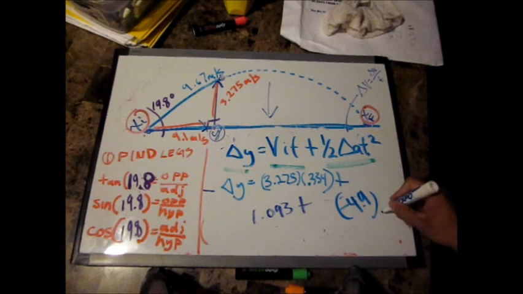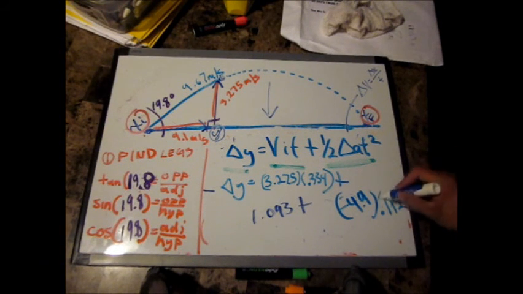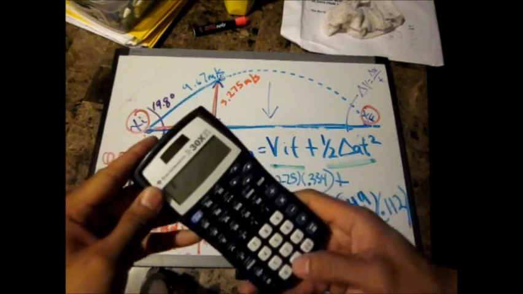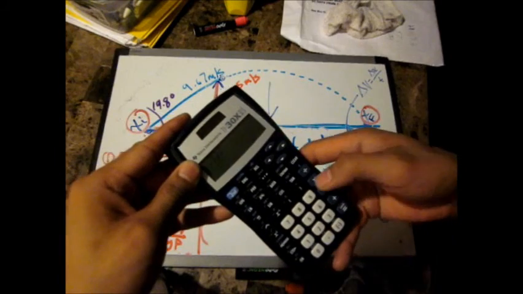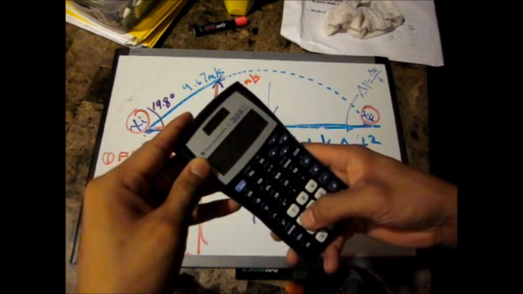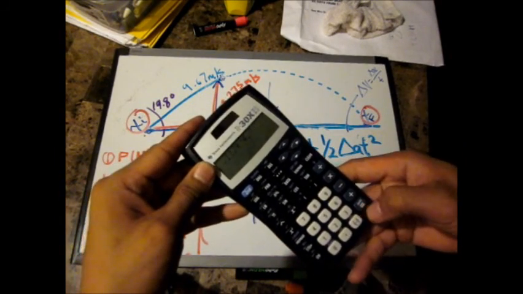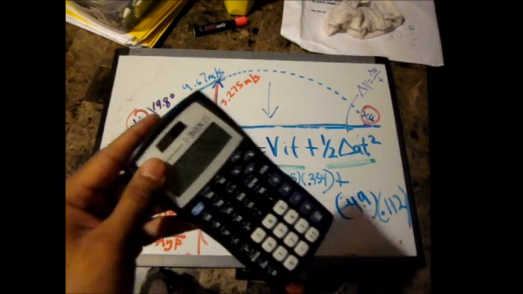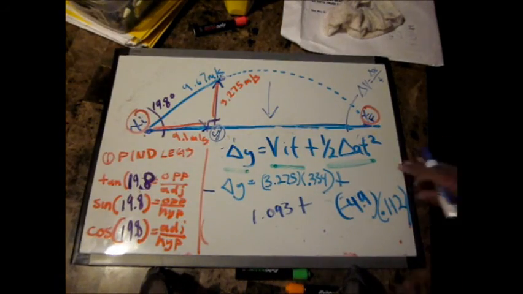So we're going to just condense that to 0.112. And then now we multiply those two together. 0.112 multiplied by negative 4.9 equals negative 0.55.